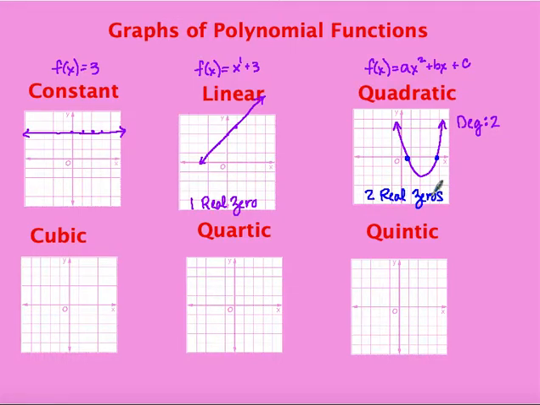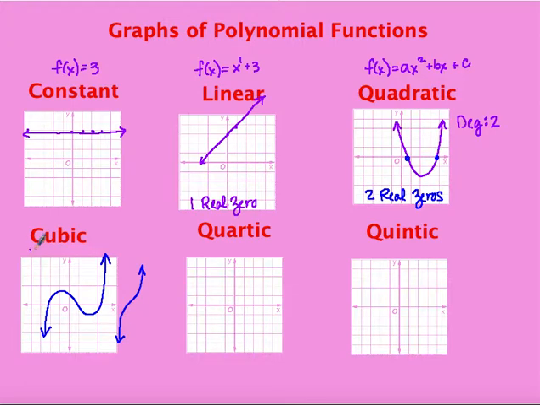Now we're going to start to investigate what a cubic function looks like. A generic cubic function would have a 3rd degree. A cubic function could look something similar to this. Now this could be a complicated version of a cubic function, or it could look as simple as this.